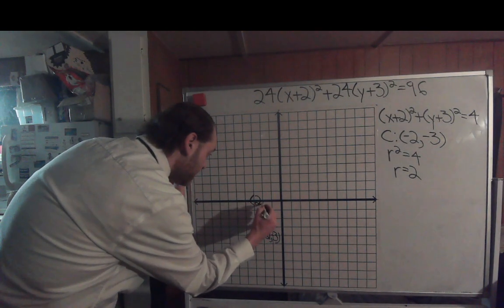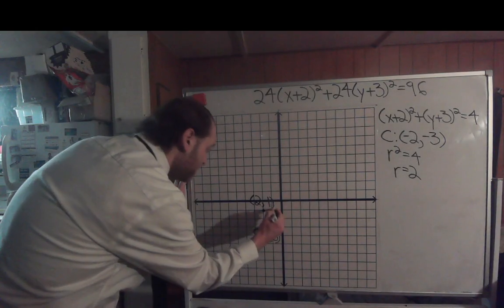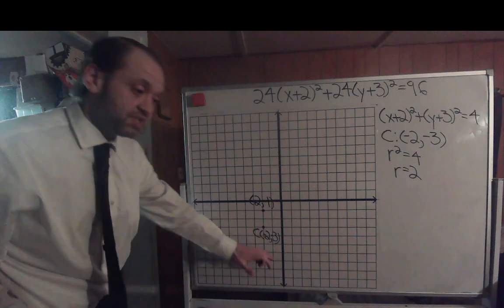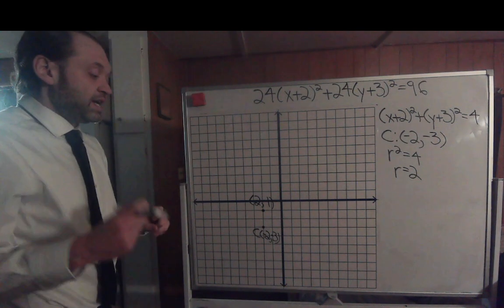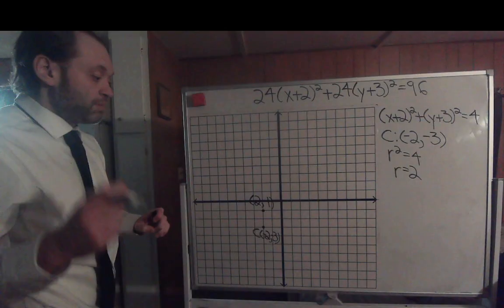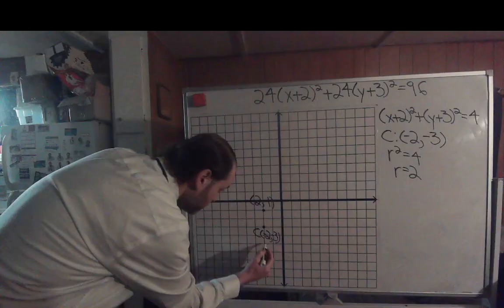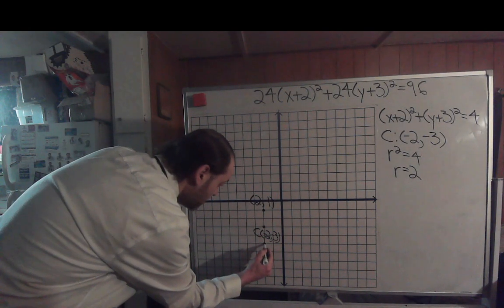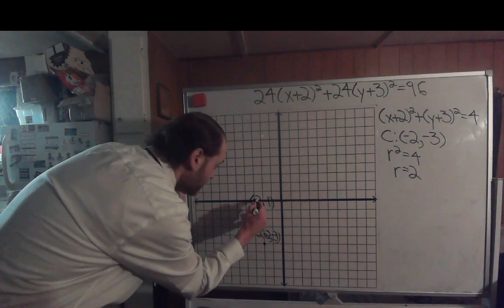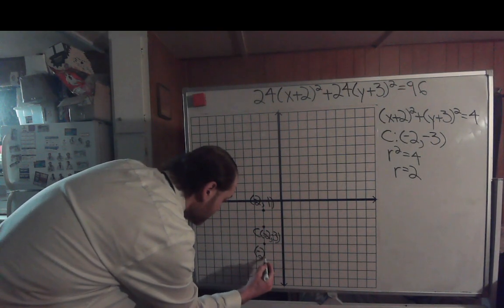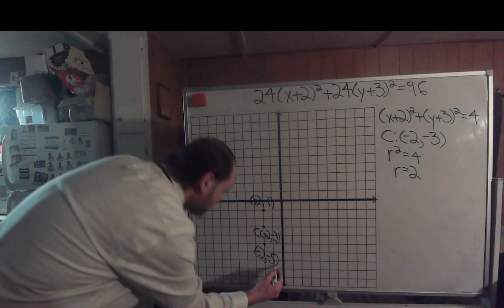I'm leaving my x-coordinate alone since I'm going above. And we go below the center 2 units, which puts me at the point (negative 2, negative 5). There's negative 2, negative 1, and then negative 2, negative 5.